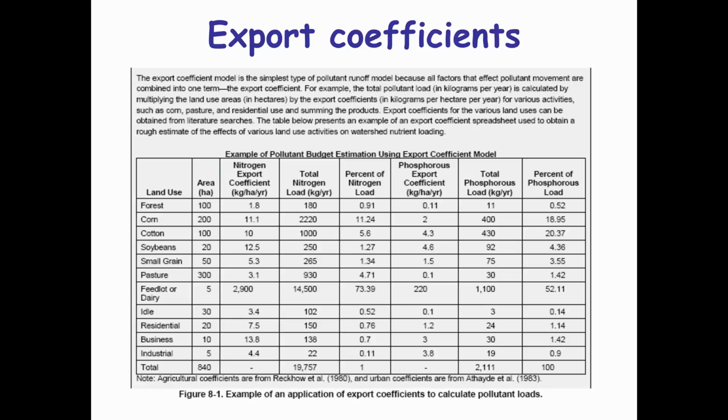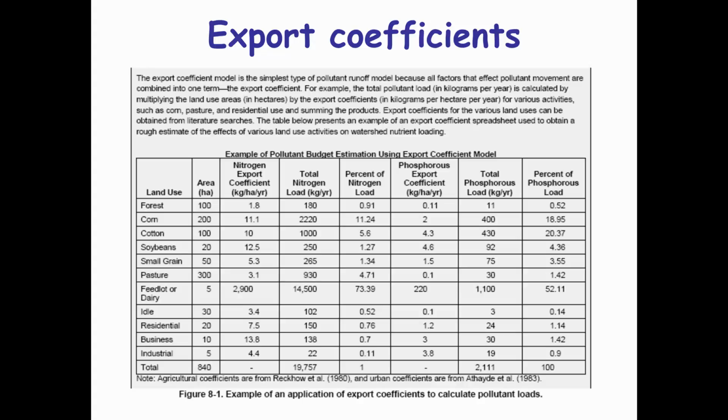So there's an example of one of these export coefficient tables. You can see here, for instance, the line with corn shows the nitrogen export coefficient in kilograms per hectare per year was 11.1. The nitrate loading was 2,220.